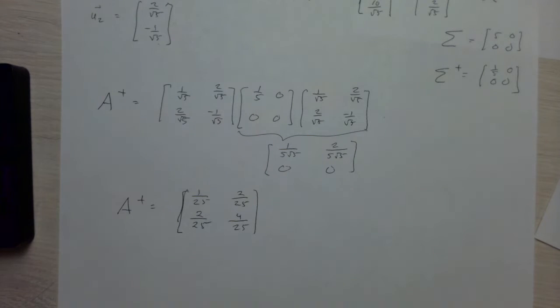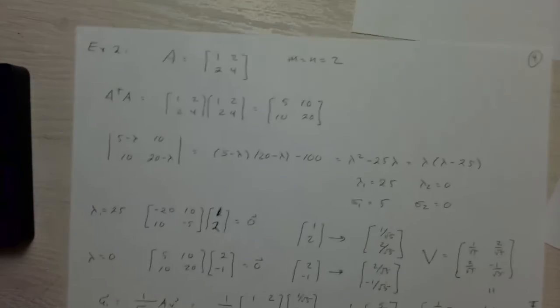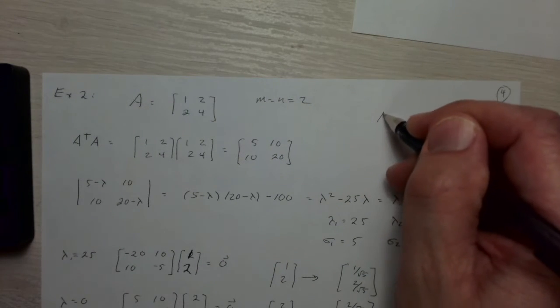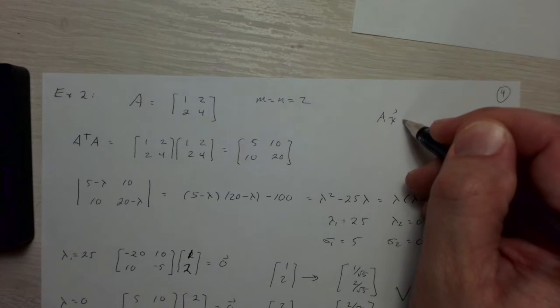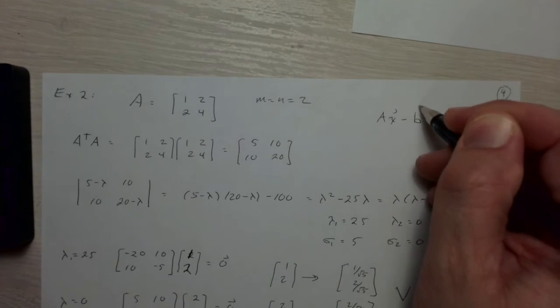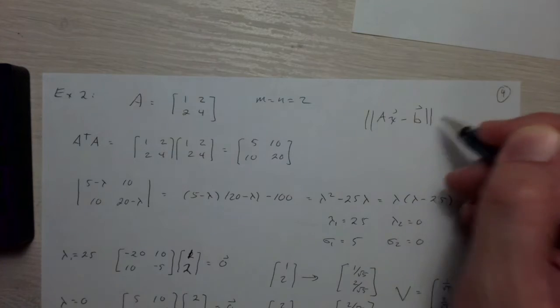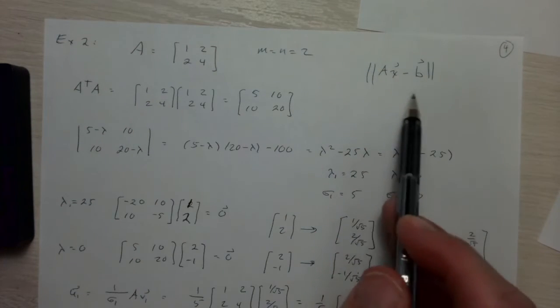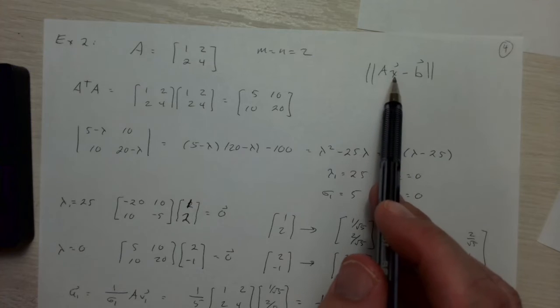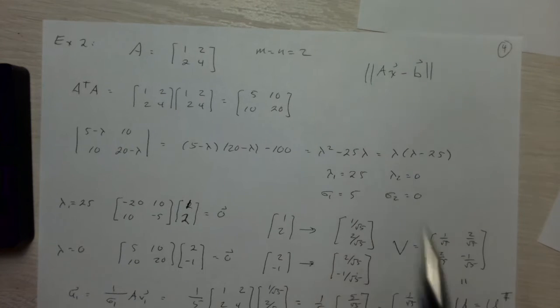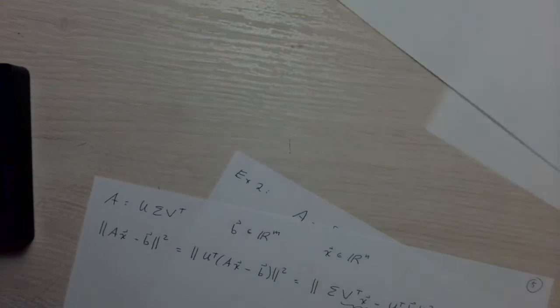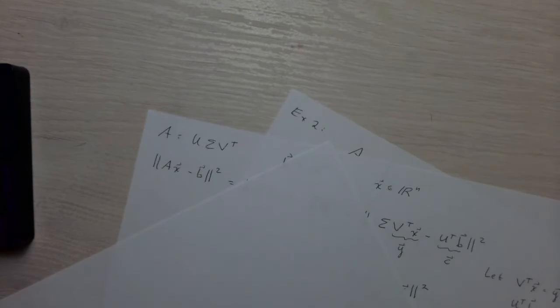Well, what if we wanted to minimize AX minus B in this case, when A is this matrix? How can we still find an X for which this is as small as possible? And the answer is yes. Okay, so let me just show you where the pseudo-inverse comes in here.